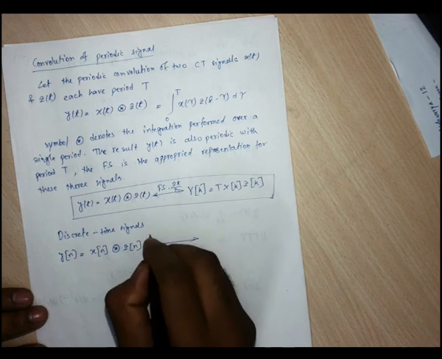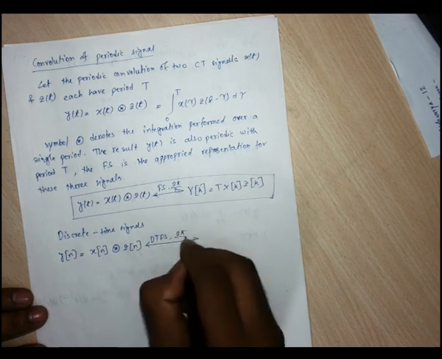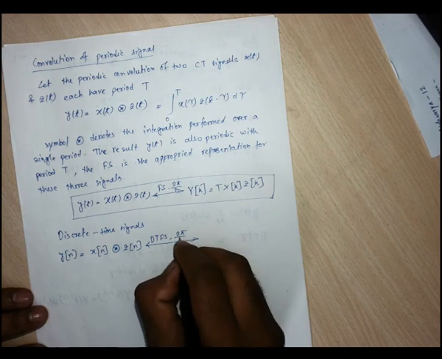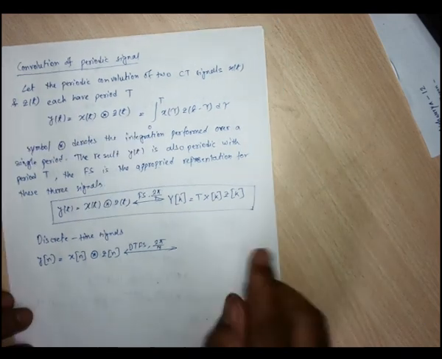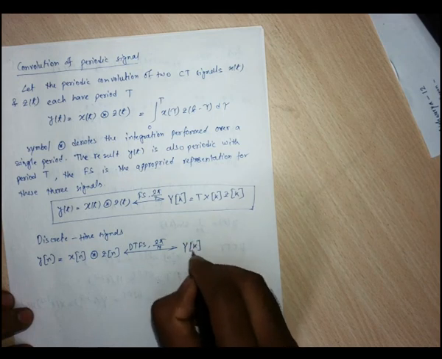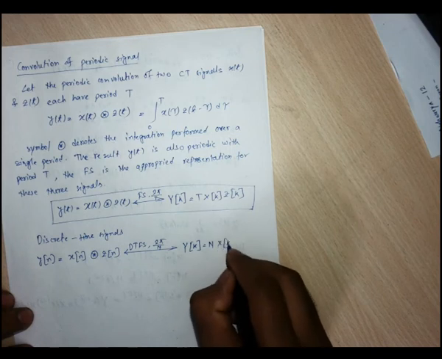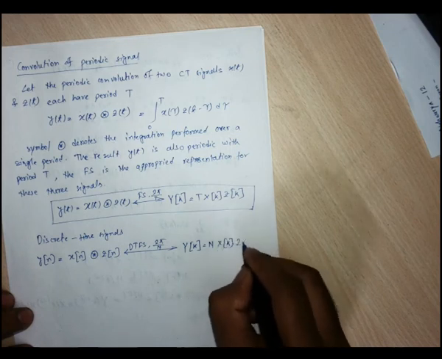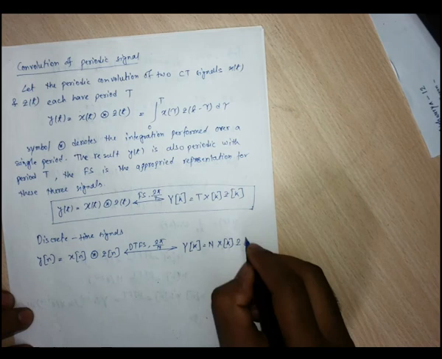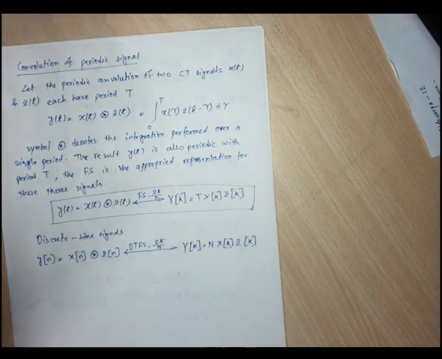Basically we take the DTFS here, with fundamental frequency 2 pi by N, and this results in y[k] equal to N times x[k] multiplied by z[k]. Okay, fine. So we conclude up to this.